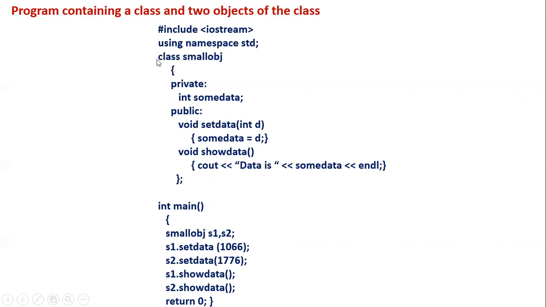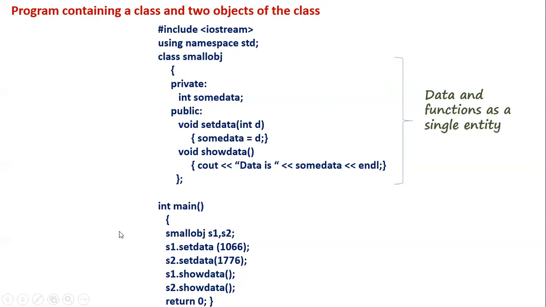We have a class here named small obj, and this much is the part where the class is defined. Here you can see there is a data and there are two functions. All these data and functions are grouped together, and it is called the class small obj.